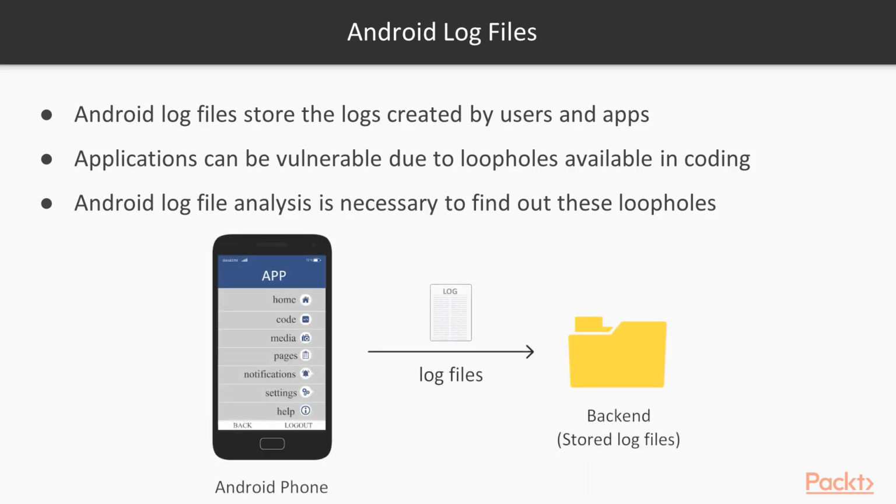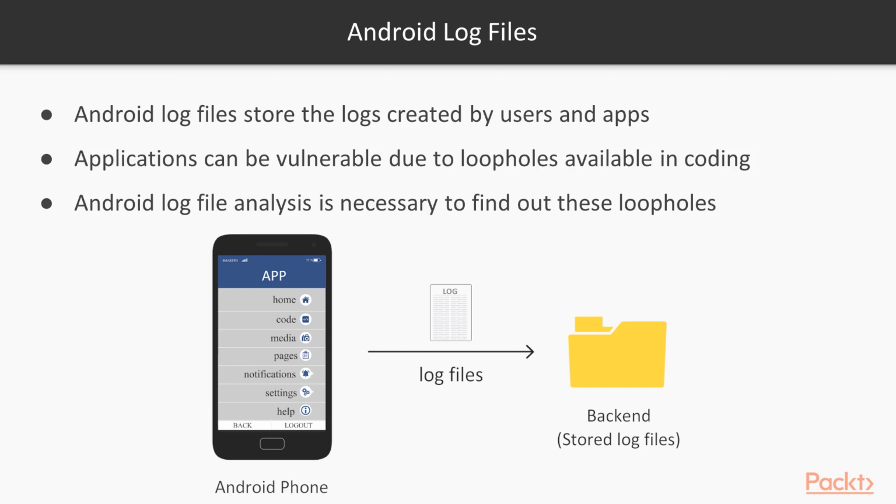Basically, this is, for example, an Android mobile phone, and this is the backend. This is the log files. So whatever apps a user opens inside the Android mobile phone and other work inside Android, it creates some logs, and the logs are saved in the backend.